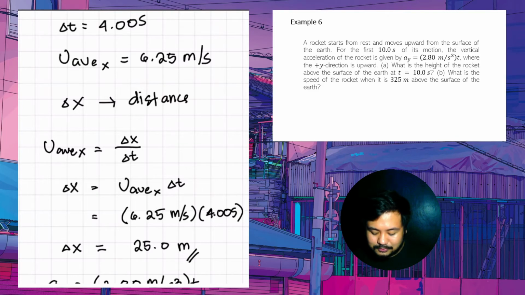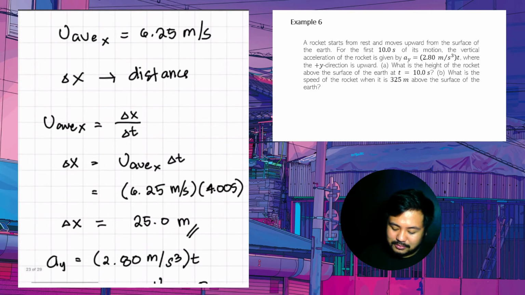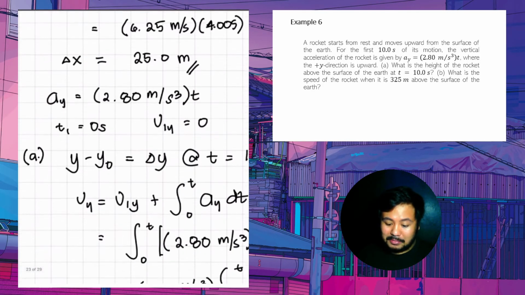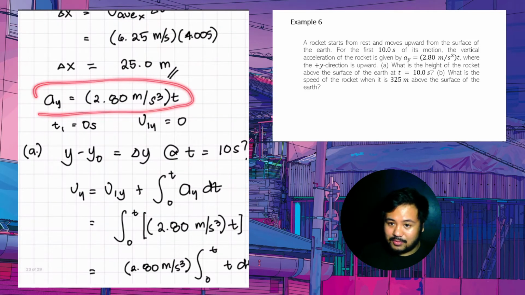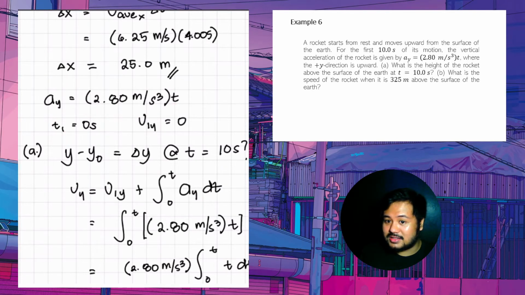Here you have your acceleration as a function of time. Let's assume at t1 we have the initial time at 0 seconds, still on the Earth, and starting from rest, v1y is equal to 0.